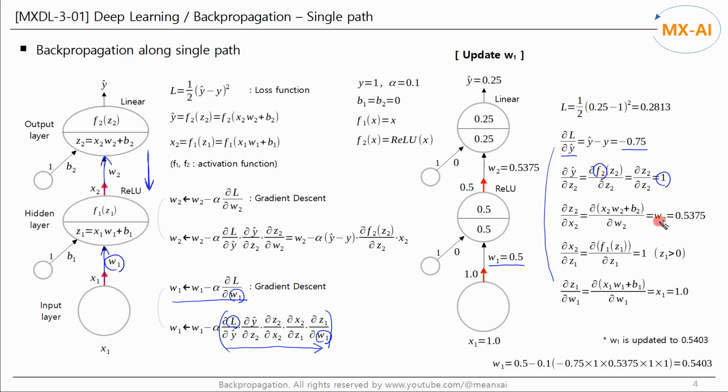The third one is w2, so 0.5375, updated from the previous page. The fourth one is 1 because f1 is ReLU and z1 is positive. The last one is the input value x1, 1.0. Using these values in the formula on the left updates W1 to 0.5403.